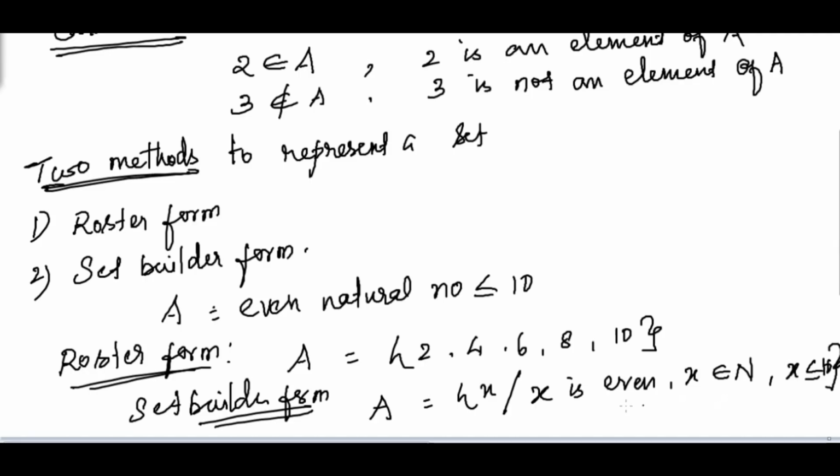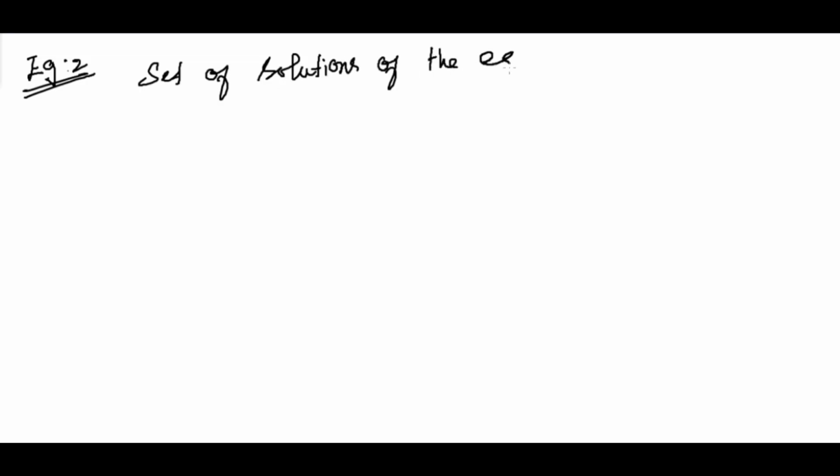This is the set builder form of the statement. Let us take one more example: the set of solutions of the equation x square minus 2x plus 1 equal to 0. First, let us write the roster form.